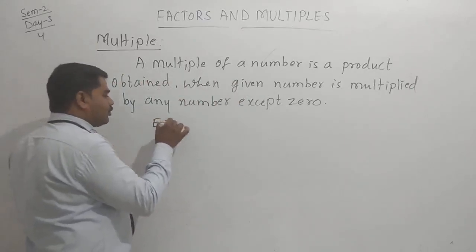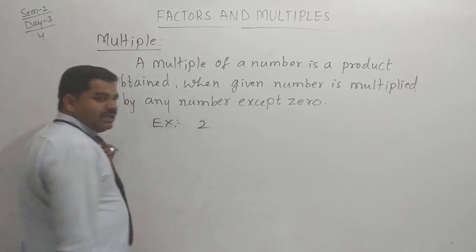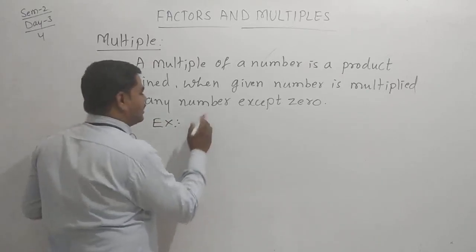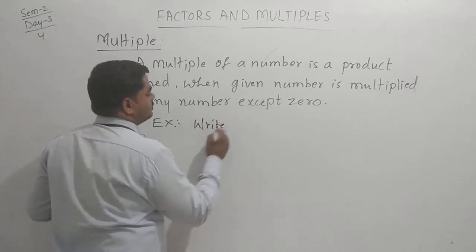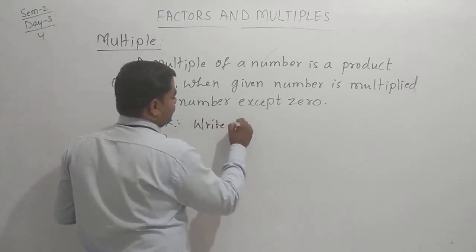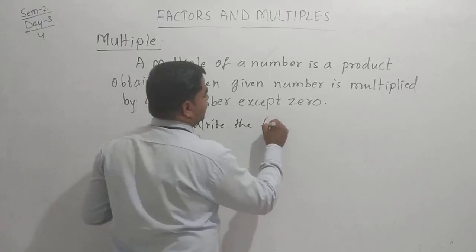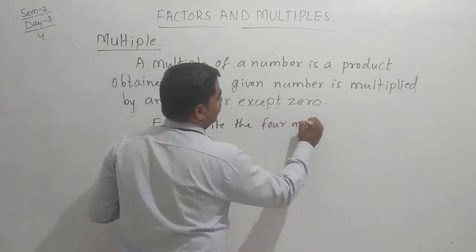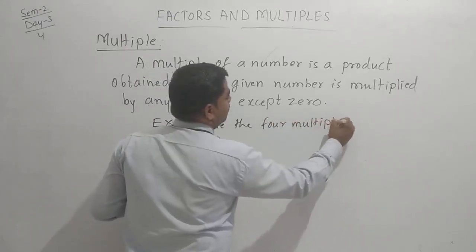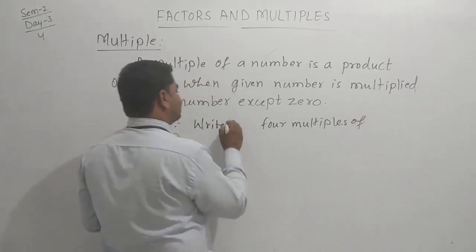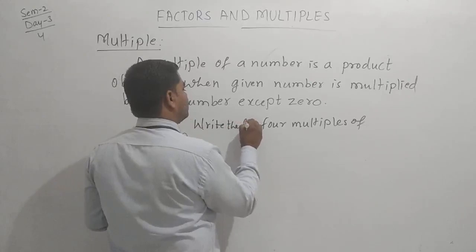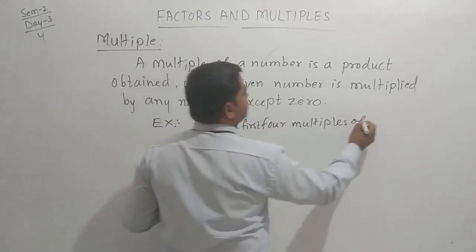Example, if you want the multiples of 2, write the first 4 multiples of 2.